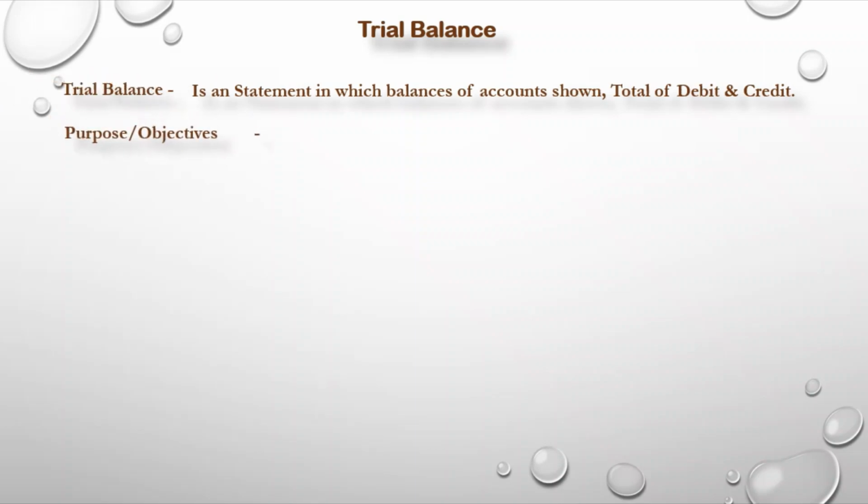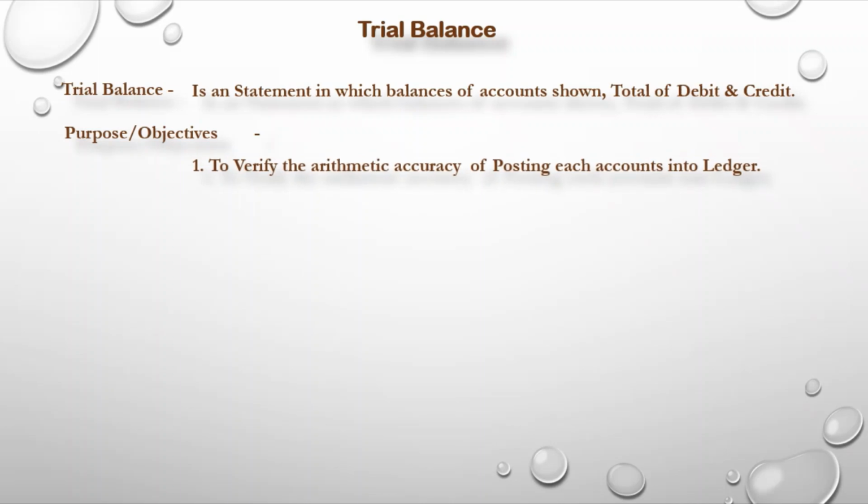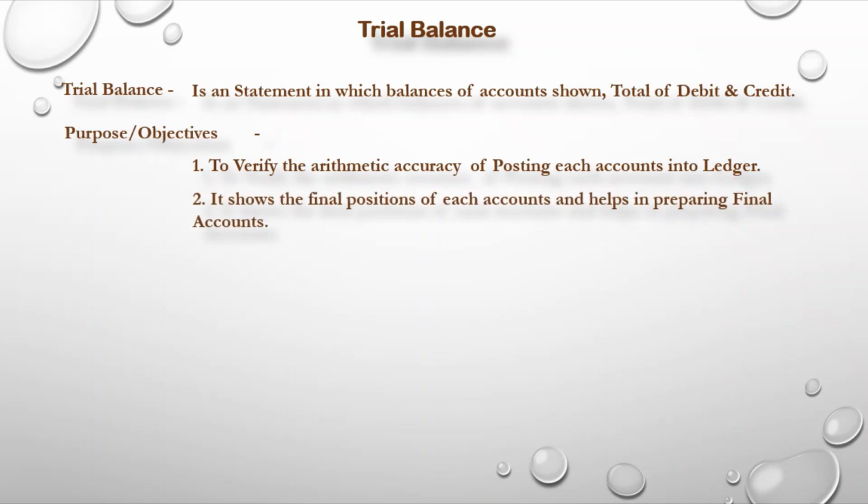Then, purpose and objectives of trial balance. Why is trial balance prepared? As I have explained in the definition itself, to verify the arithmetic accuracy of posting each account into the ledger from the subsidiary book, that is the journal book, and then to see the final position of each account.